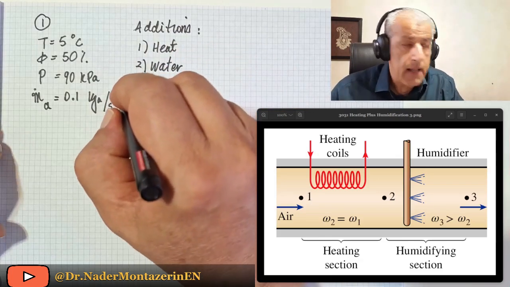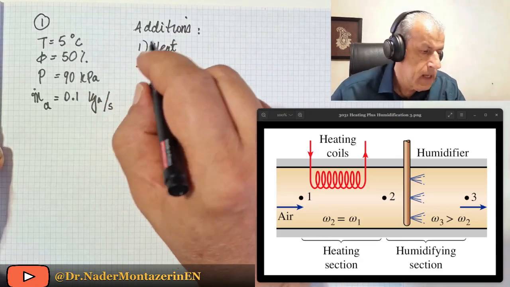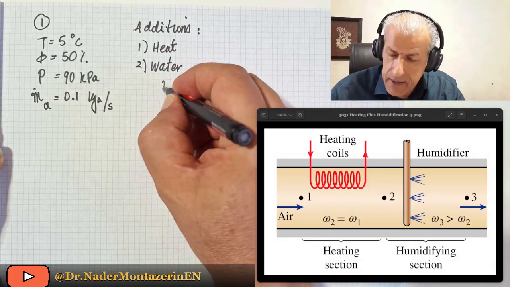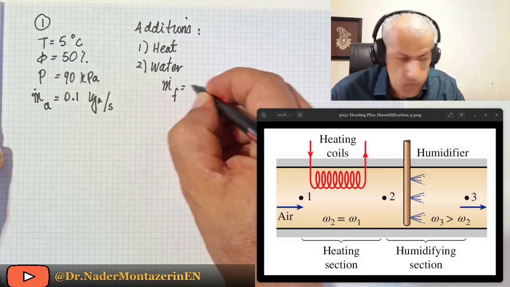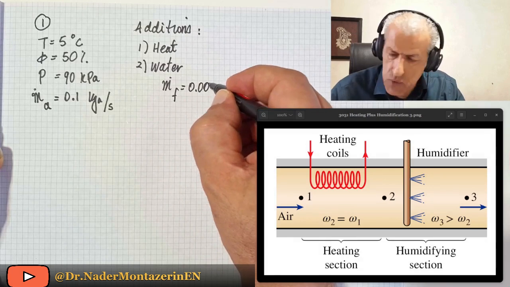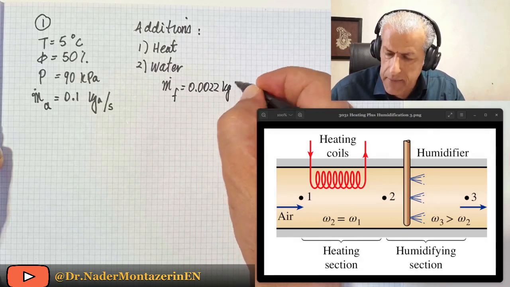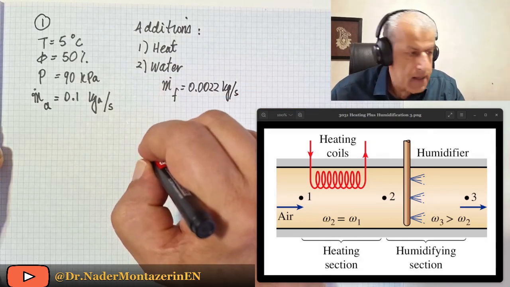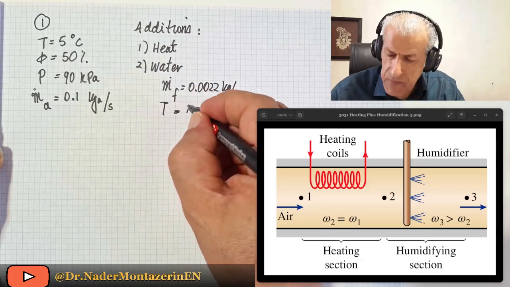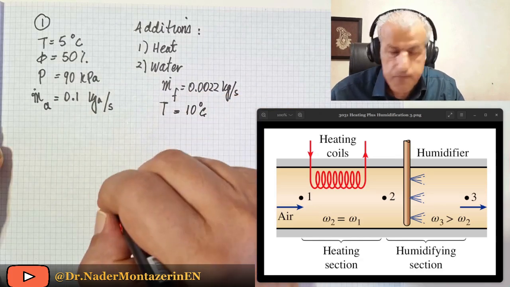We are to calculate heat, but we know that water is added at the rate of 0.0022 kilograms per second, and its temperature is 10 degrees C.